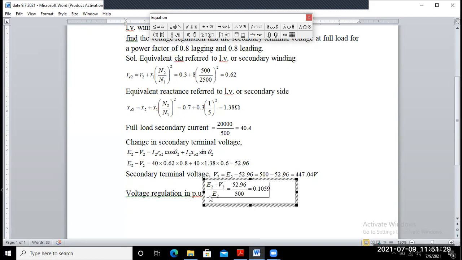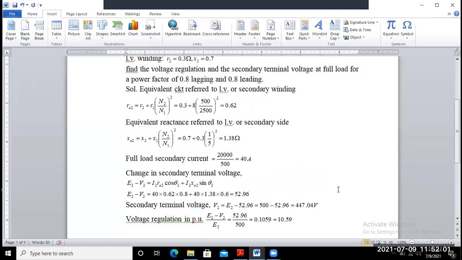If you want the voltage regulation in percentage, just multiply by 100, so you will get 10.59 percent. Either you may find it in per unit or in percentage.